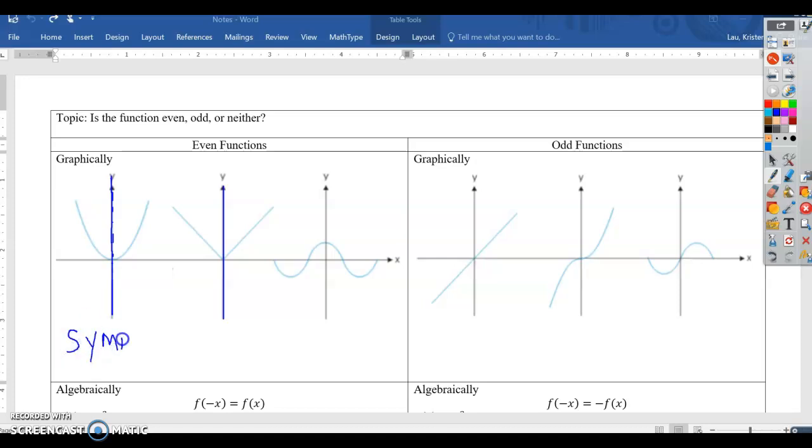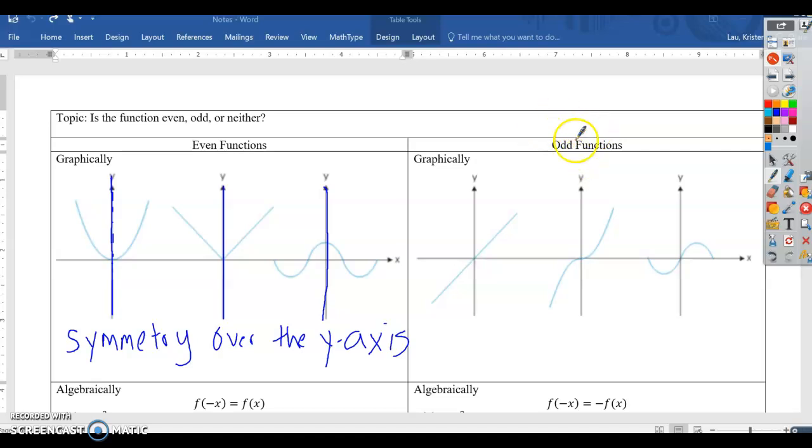So I'm going to say symmetry over the y-axis. Same thing if I drew a line across this y-axis. The left part and this right part, if I fold it, they're the exact same thing. Okay? So that's how I can tell if it is an even function graphically.